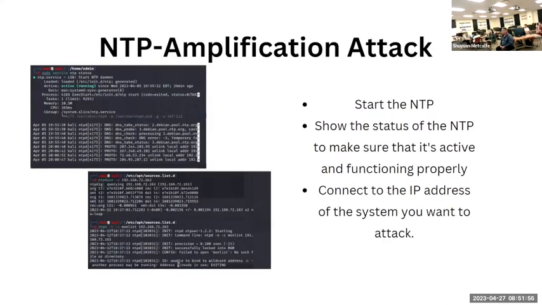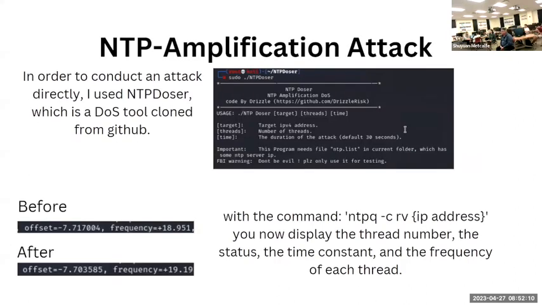Okay, in order to do this, you need to start your NTP. And you need to show the status so that you can see that it's on or it's working. And then you connect to the IP of the one which you want to attack. In order to conduct an attack directly, I use an NTP tool called NTP Dozer, and I got it from GitHub.